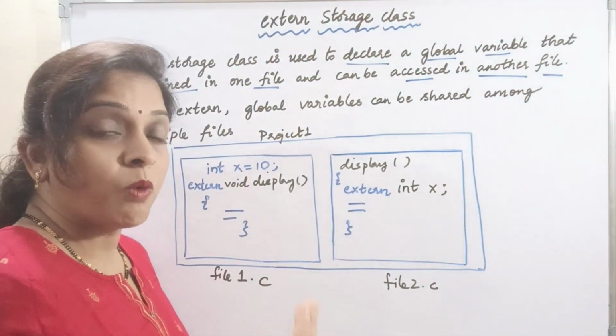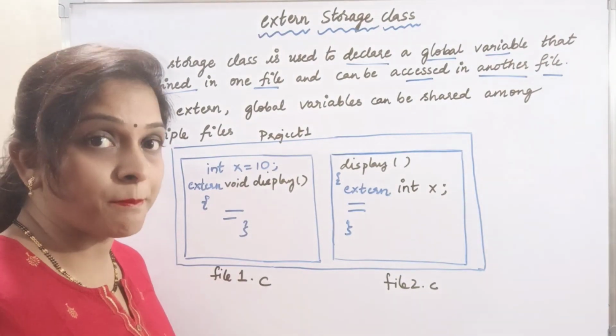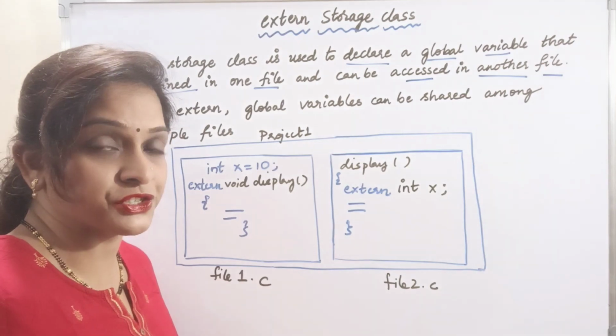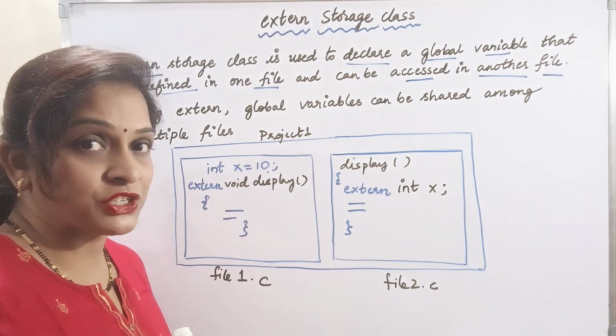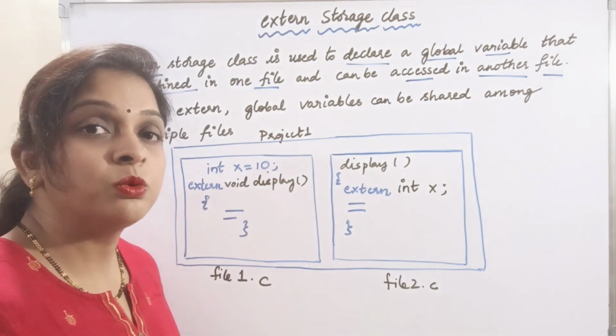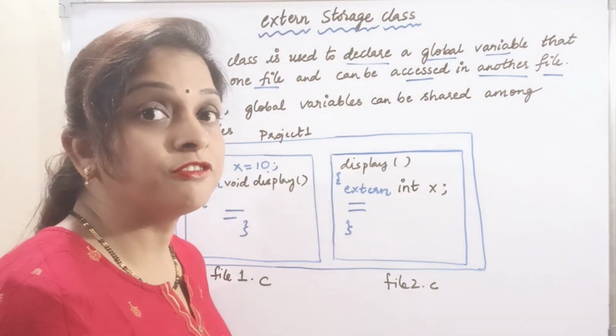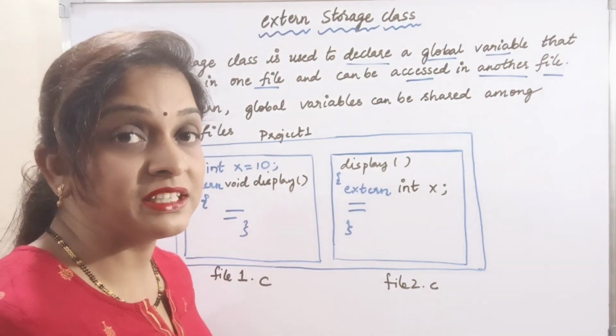The main purpose of extern is, during the compiling process, when we use extern, we are telling the compiler that you have to make this global variable available to other files also. This happens in the linking phase.